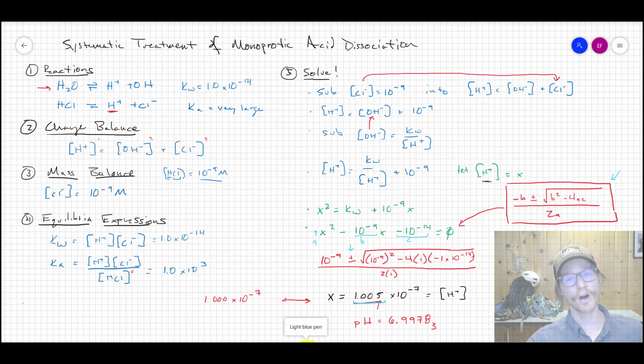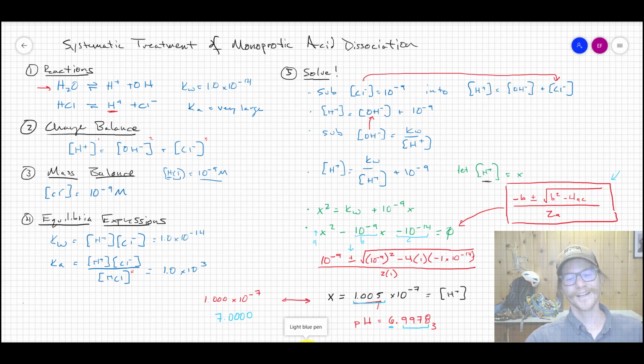But once I log that value, then that 6 here is not significant. That's just a 0 placeholder. And so I take all four of those original digits and I put those out here. And so I have 6.99783. Those are all significant digits. Those are all real values, which would differ from 7.0000.